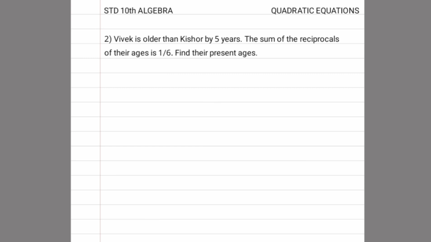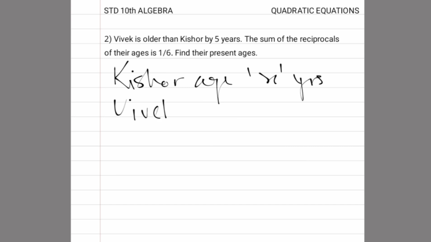I will show you the difficulty in solving this sum using linear equations in two variables. So let's assume Kishore's age as x years and Vivek's age as y years, right?